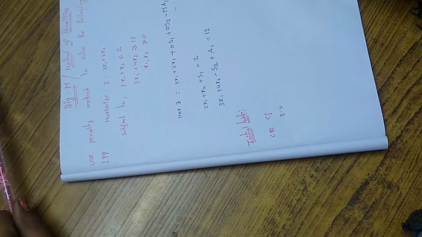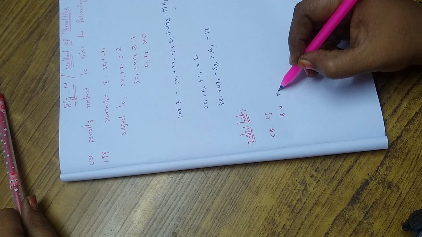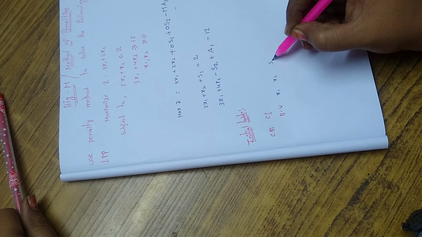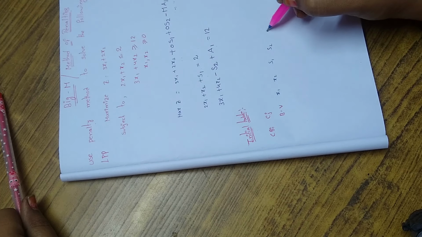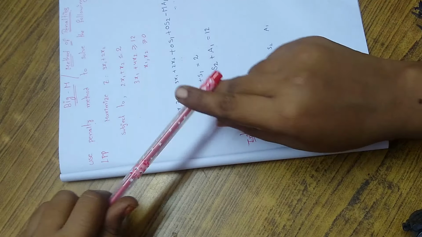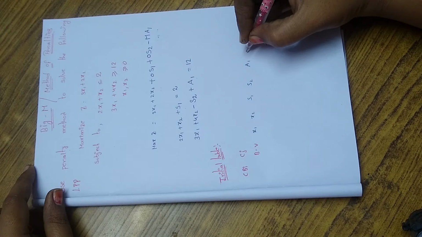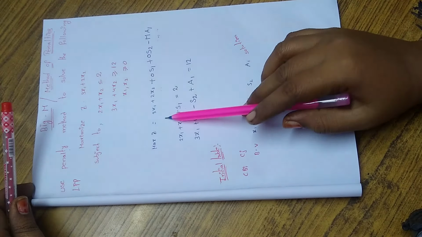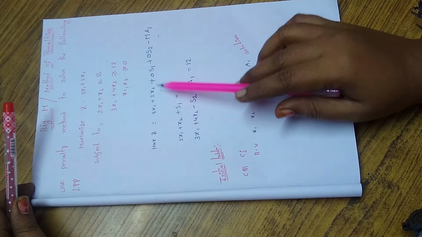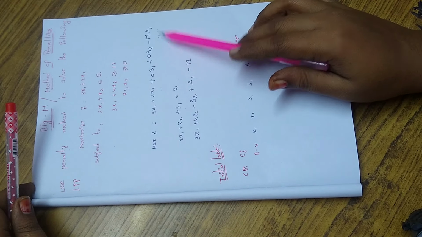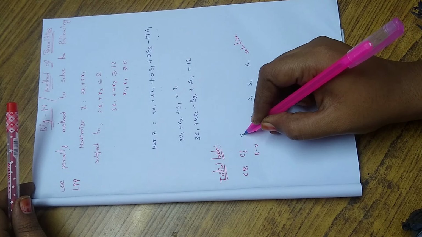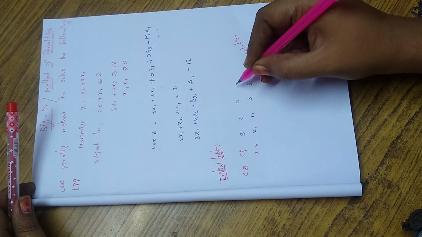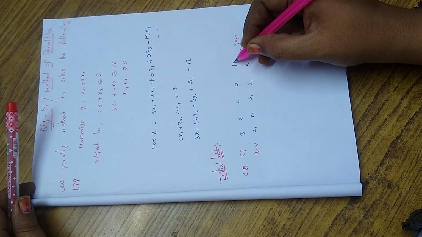The variables are x1, x2, s1, s2 and a1. In the same way, we write the solution. Now the objective coefficients are 3, 2, 0, 0 and minus M.